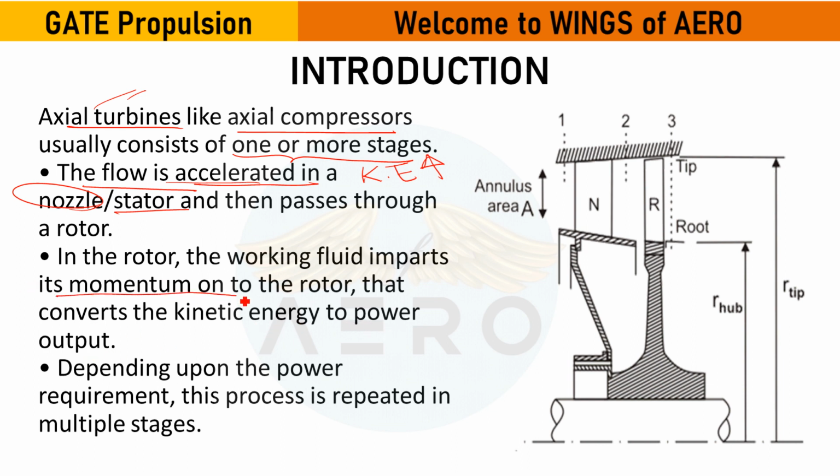This is an important point on how it is converting. So basically the turbine drives the compressor to rotate. That means, due to this kinetic energy, it generates some power, and that power is transferred to the compressor, and that's how the compressor rotates.